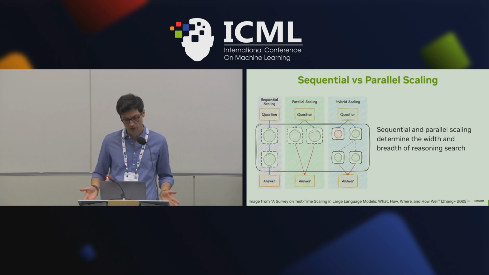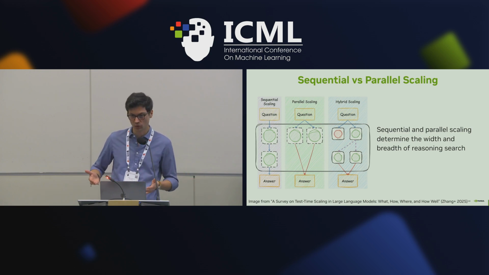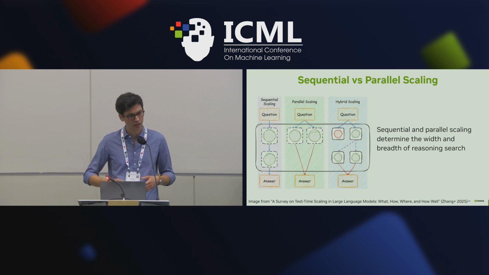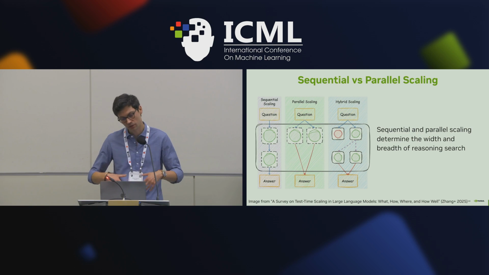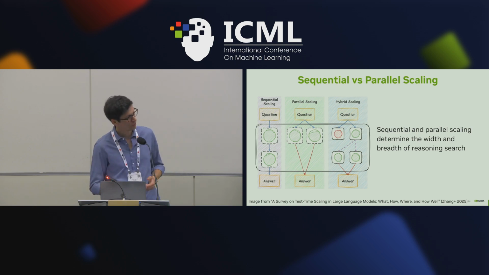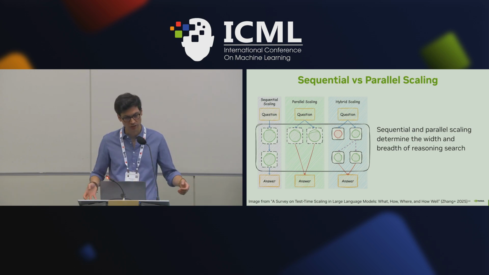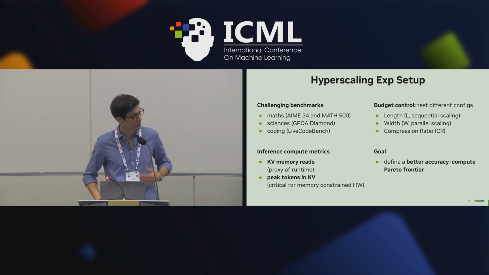There are different ideas, but the longer the model thinks, the more accuracy you can get. And in parallel scaling, you consider a couple of reasoning chains in parallel, and then try to combine them at the end. And of course, you can have a hybrid approach when you have long chains, multiple chains, and you try to combine them.